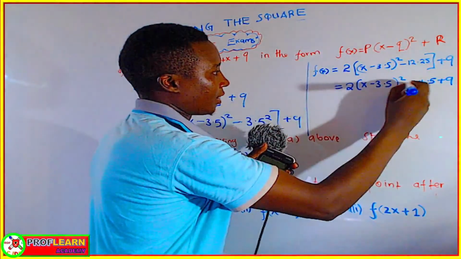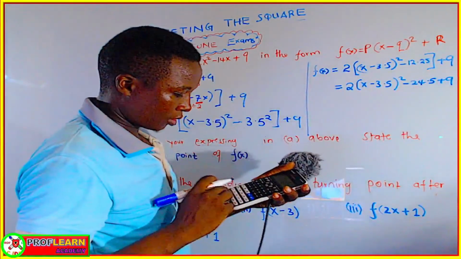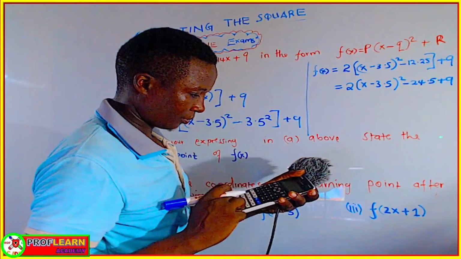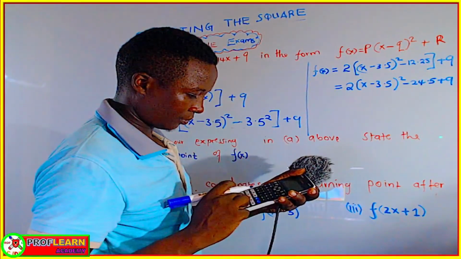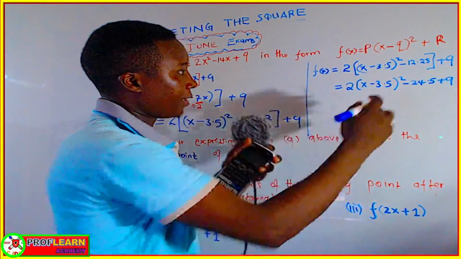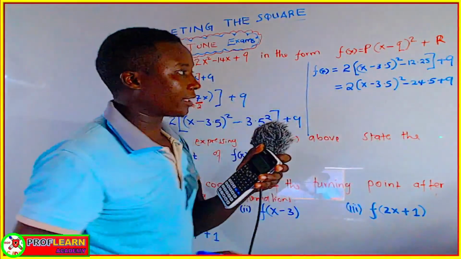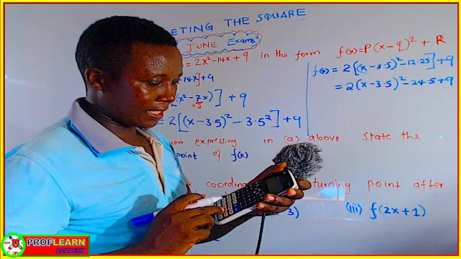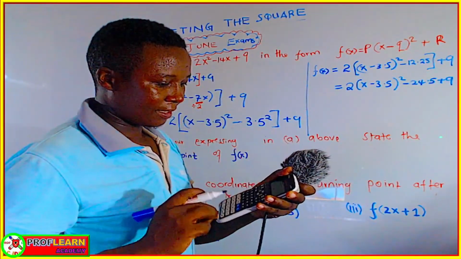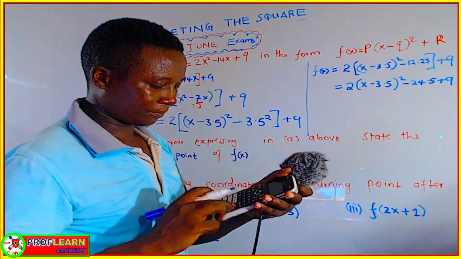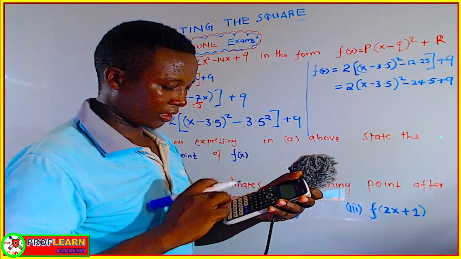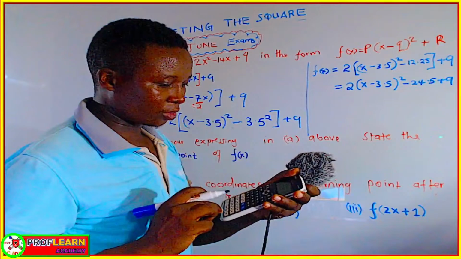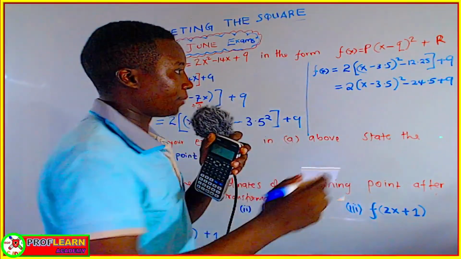This is subtraction at this particular point. So we have negative 24.5, and we add 9, and that's going to translate to negative 15.5.